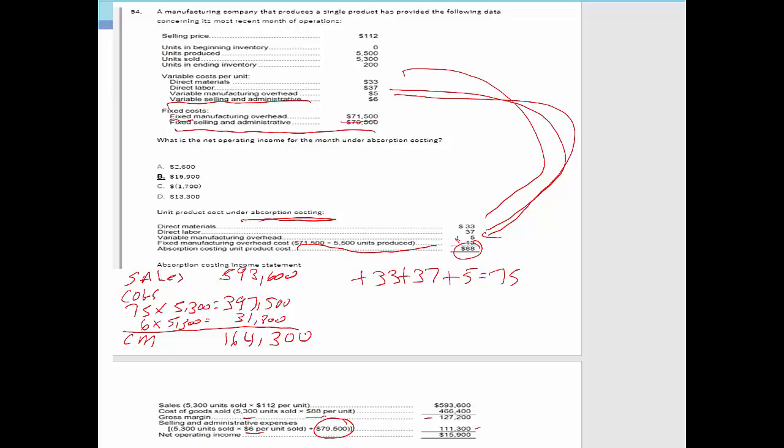Okay, and then I'm going to go ahead and I'm going to take off what? My fixed cost, right? Everything? Right? Okay, so my fixed costs are going to be my 71,500, just looking up there, and my 79,500, right?